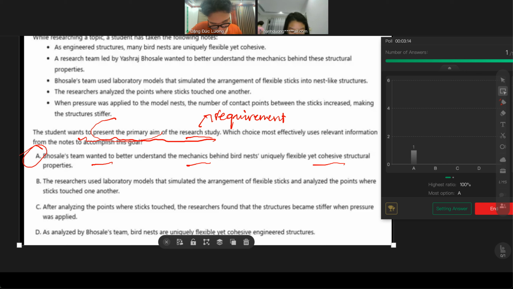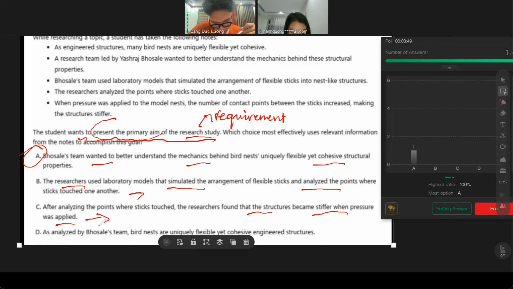Okay. Look at the choice B. Researchers used that simulated. You can see that choice B is talking about the way the researchers conduct their research, right? And choice C found that the structures became stiffer.